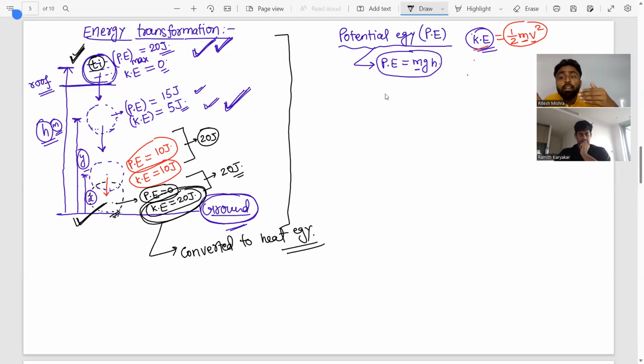So this maximum kinetic energy is being converted to heat energy, and when this 20 joule energy is converted to heat energy, then what will happen? The temperature of the working substance which is inside the balloon will increase, because 20 joule kinetic energy is converted into heat energy.